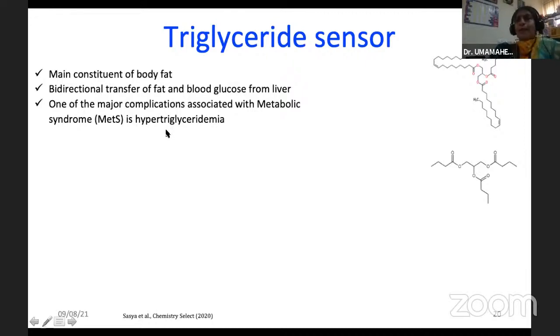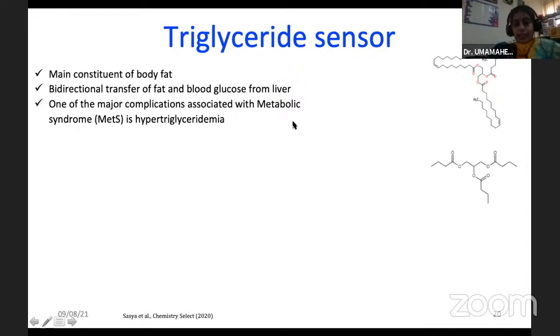People tend to look at cholesterol but neglect triglycerides. But monitoring triglyceride levels could be an early warning of the risk of developing metabolic syndrome related disorders or atherosclerosis and so on.